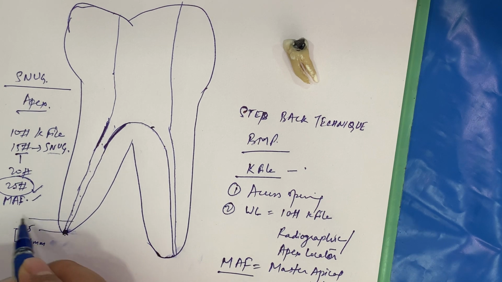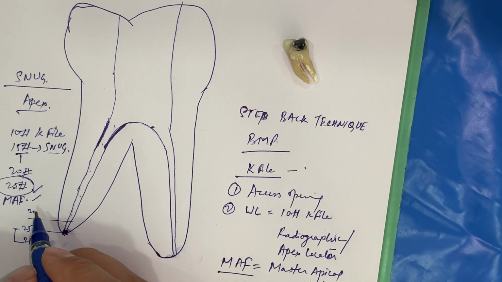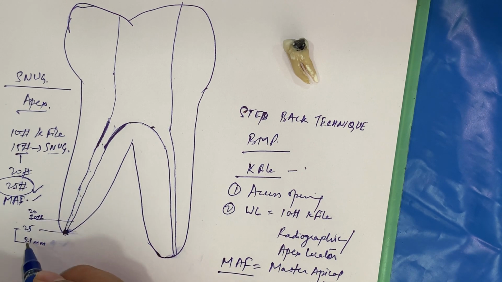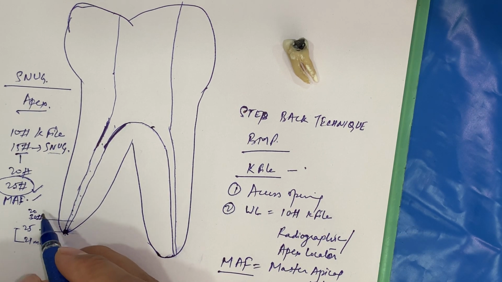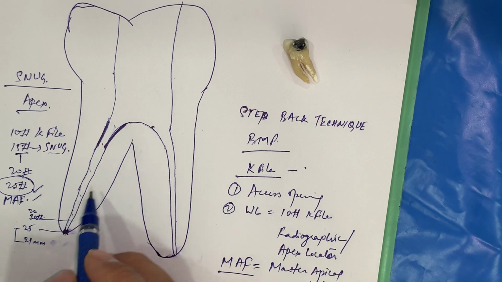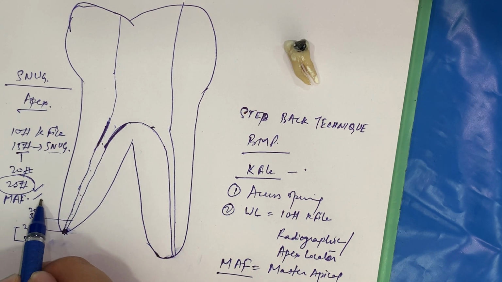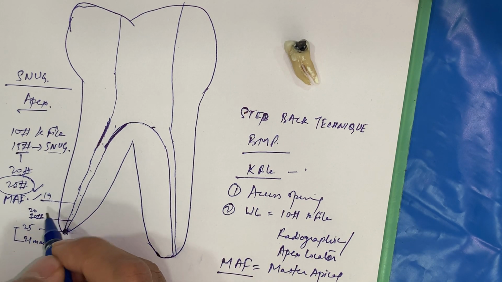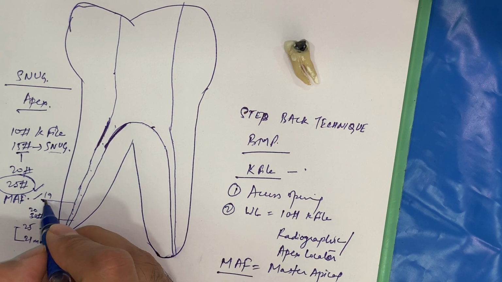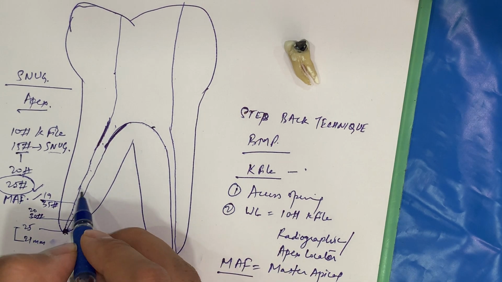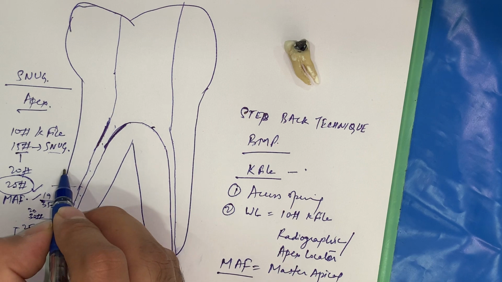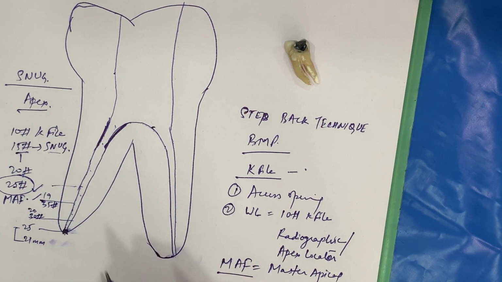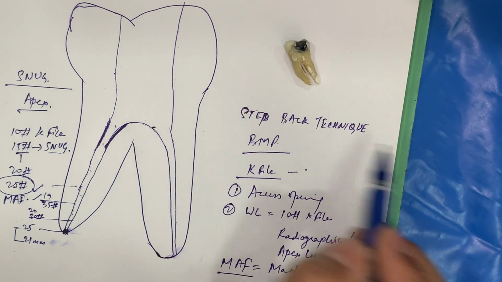At 20 mm we will be enlarging till 30 K file. So our working length will be going short by 1 millimeter and our file size will increase. At 19 millimeters our canal will be enlarged till 35 number K file, and this way we will get a tapered shape of the canal. So this is how we do a step back technique.